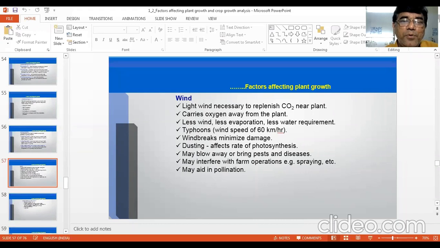So both positive and negative effects can be there for the wind. It may interfere with farm operations like spraying of fertilizers or pesticides. It may aid in pollination, so it has a positive role also, like pollination and seed dispersal. Wind has a mixed role. Pluses and minuses are both there.